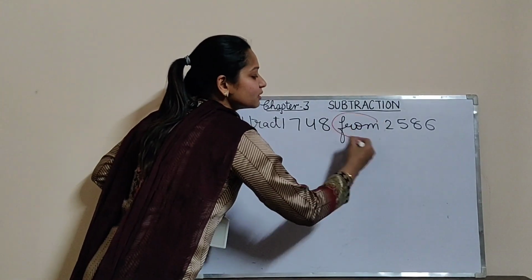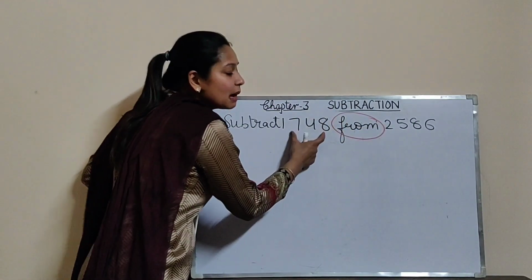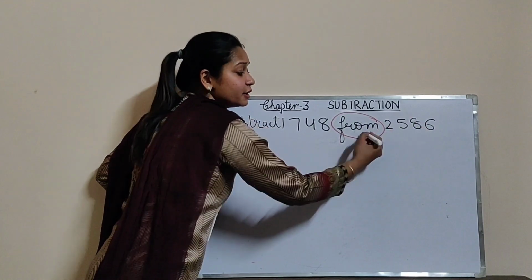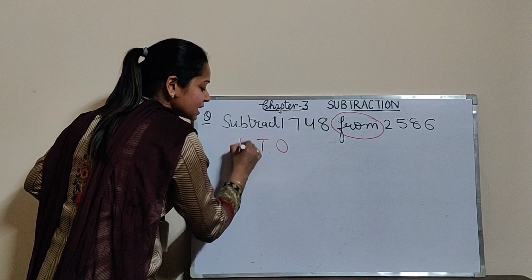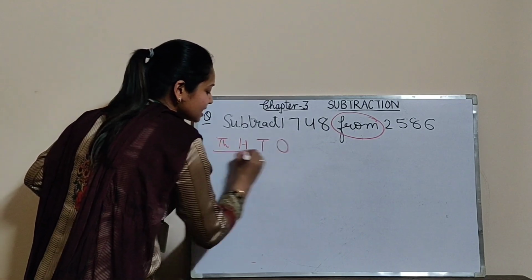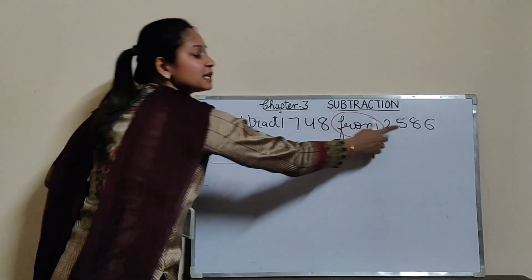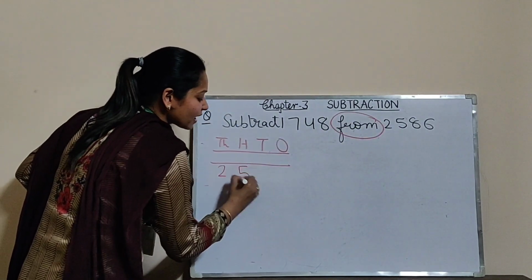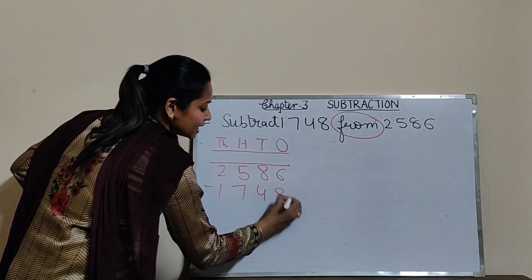What is the meaning of 'from'? The number after 'from' is the one you subtract from. So the number after the 'from' always comes at first place, the upper place. So first I am writing the places here. Again leaving one line. Now I will not write this number at first place but after the 'from' number. 2586 minus 1748. So let's start.